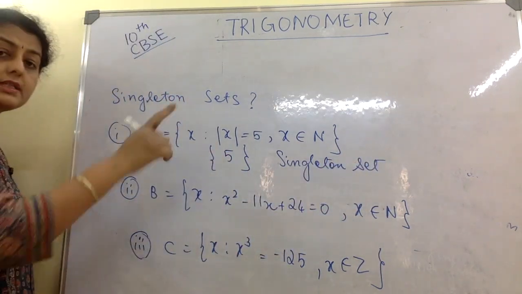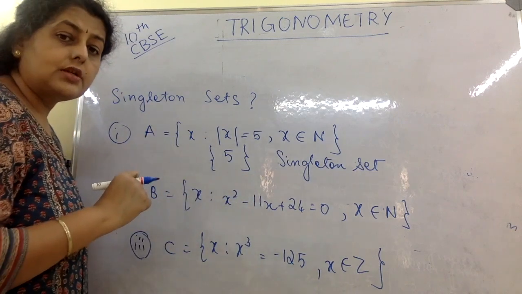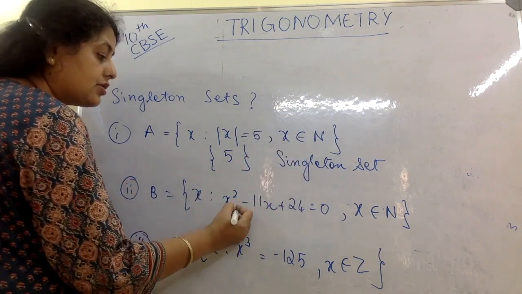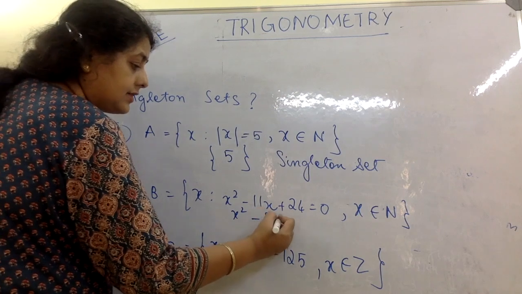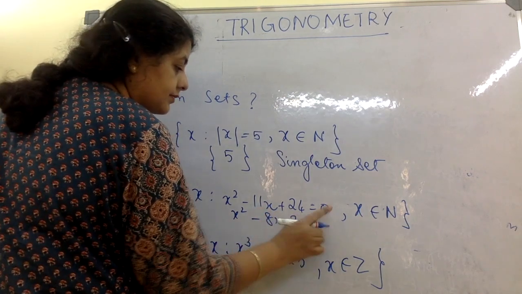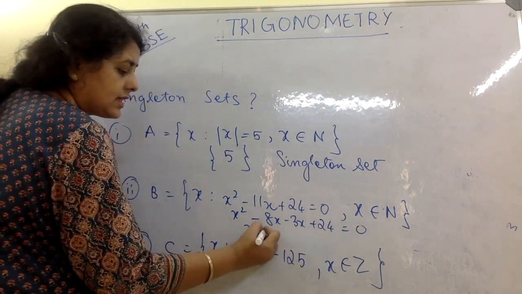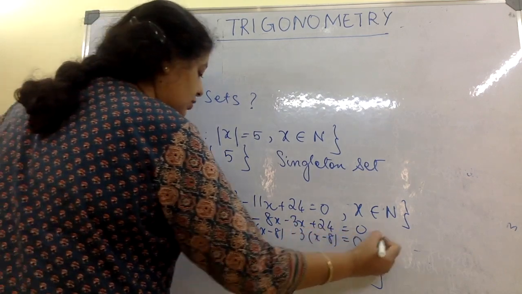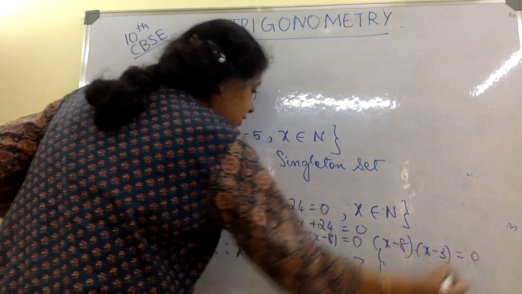If I talk about this, let's look at this equation. I can see one middle term factorization here. Here x belongs to natural numbers. So if we work this out, x squared minus 8x minus 3x plus 24 is equal to 0. x(x minus 8) minus 3(x minus 8) is equal to 0. (x minus 8)(x minus 3) is equal to 0.